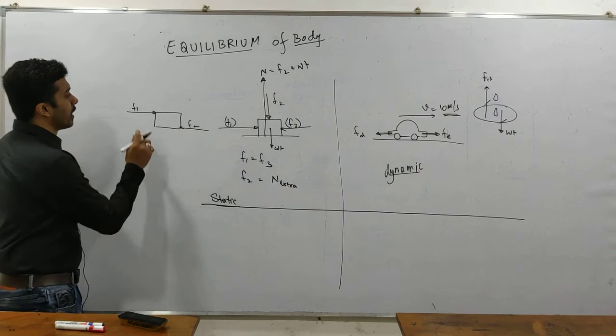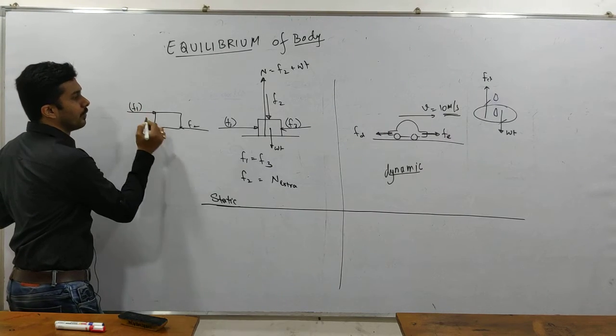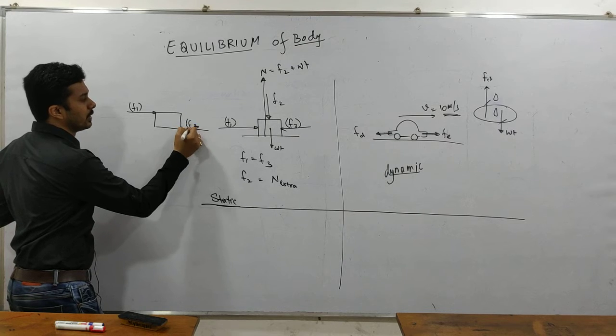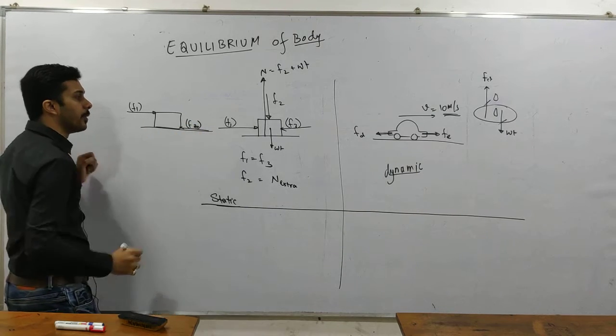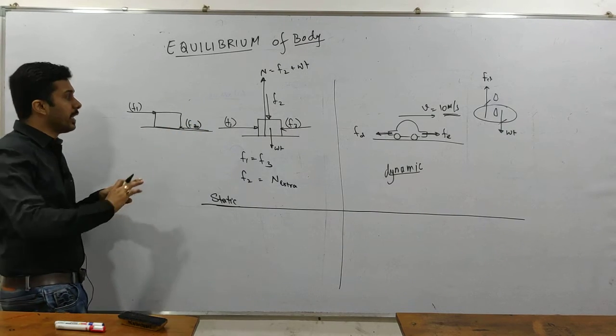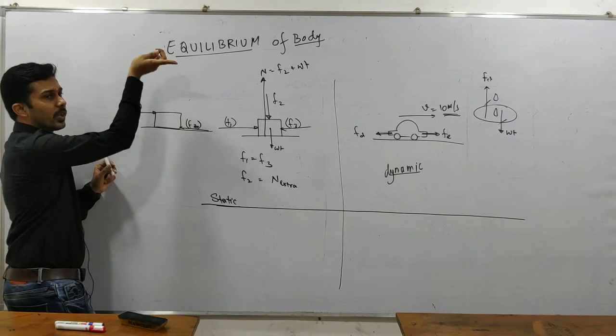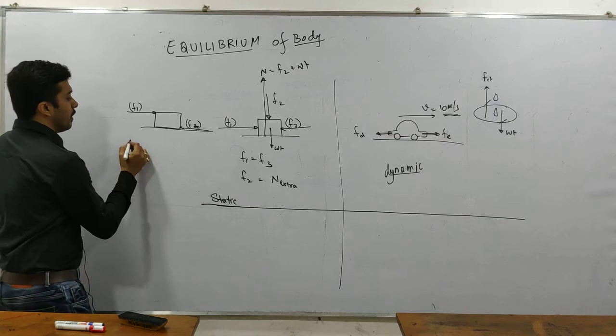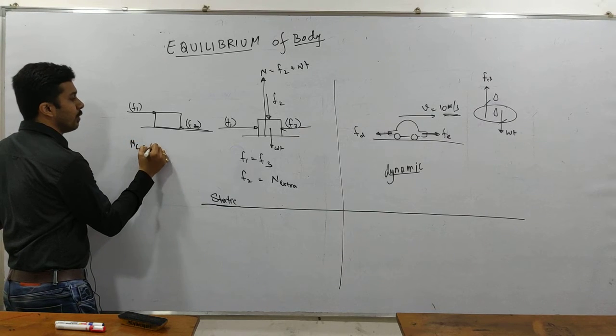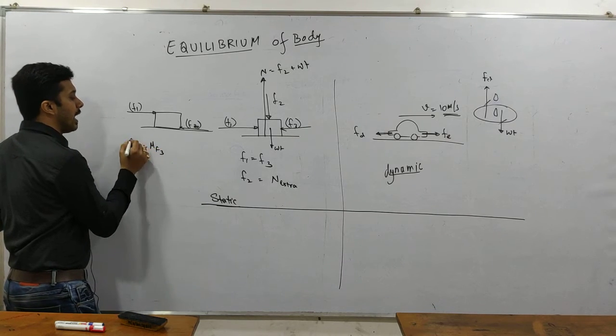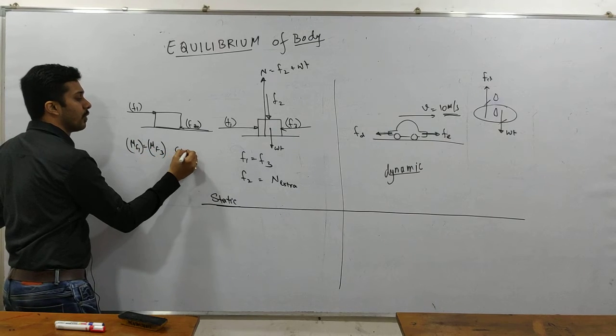Tell me, the value of F1, sorry, it is F3. The value of F1 is the same as the value of F3. Both are trying to rotate it. This is trying to rotate clockwise and this is also trying to rotate it clockwise. The moment of F1 is equal to the moment of F3 and they both are in the clockwise direction.